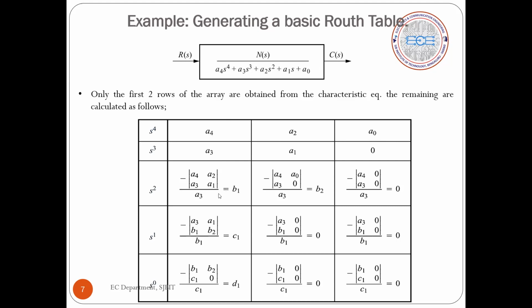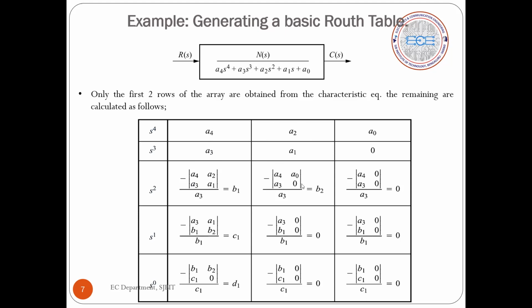What is the third row's first element? I take the first two column elements and compute the determinant. It is minus this determinant divided by the base element a3, which is b1.